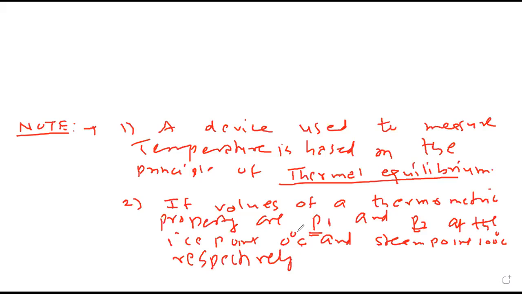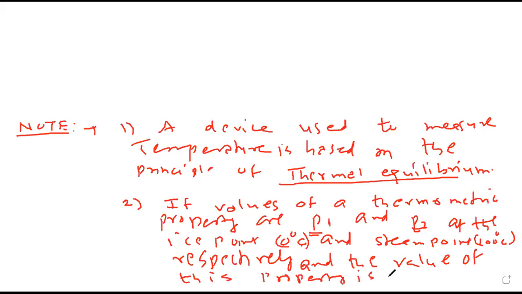If values of thermometric property are P1, P2 at ice point, that is 0 degrees Celsius, and steam point, 100 degrees Celsius respectively, and the value of this property is Pt at unknown temperature.